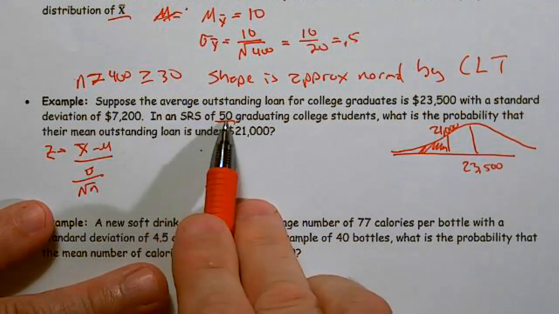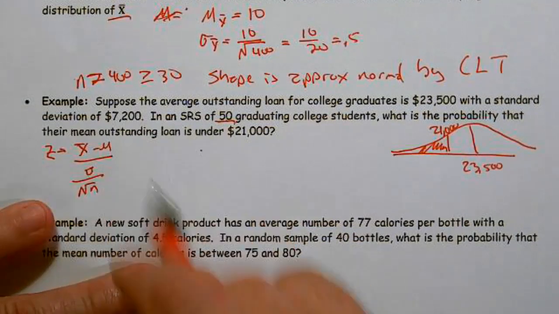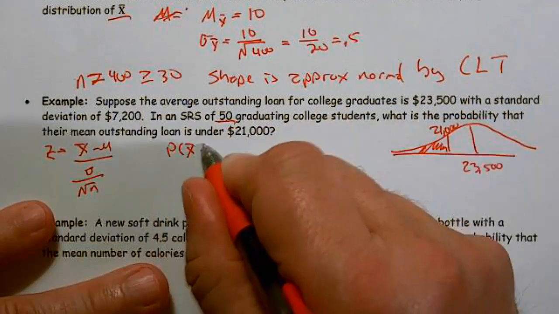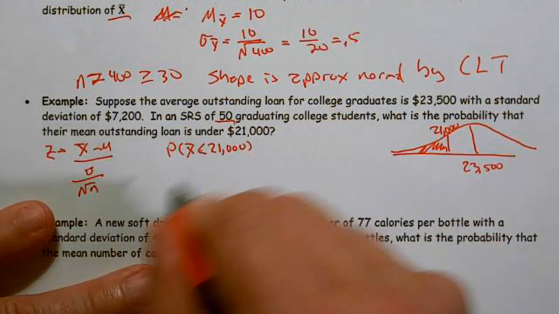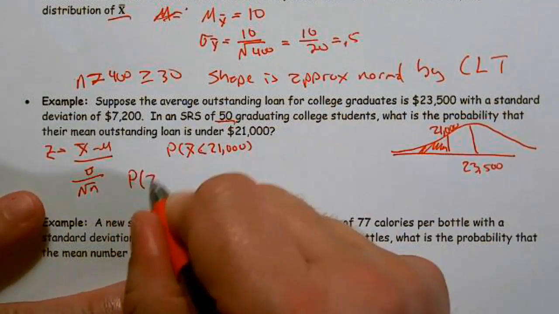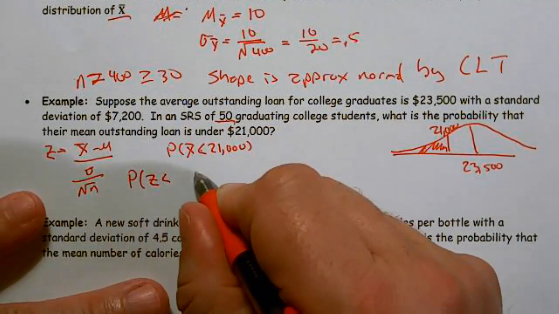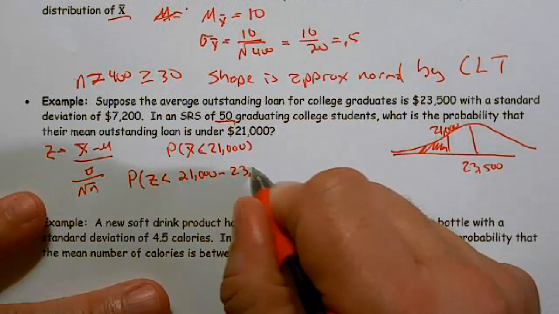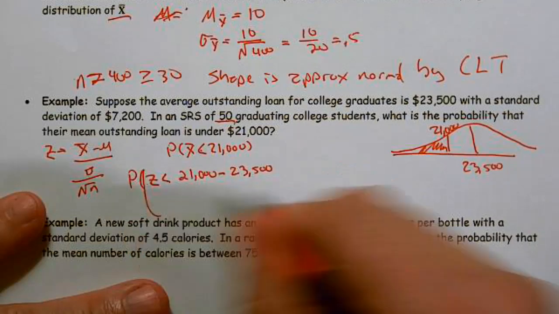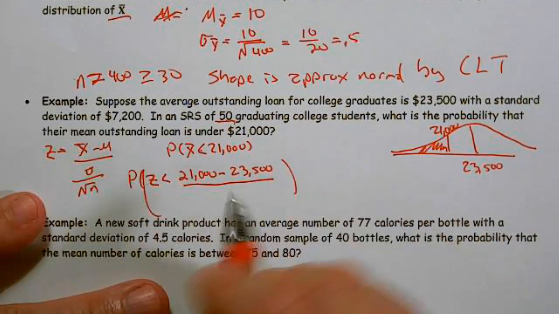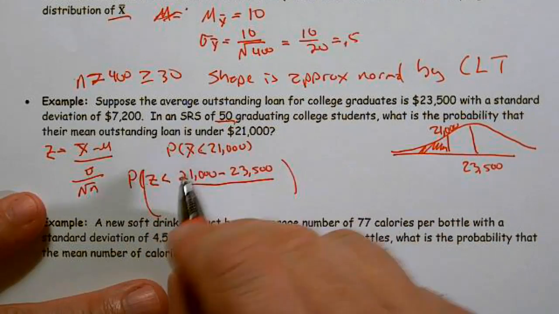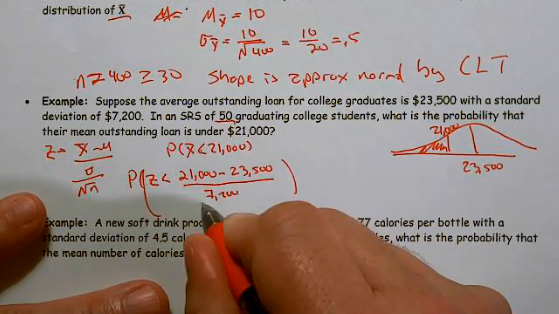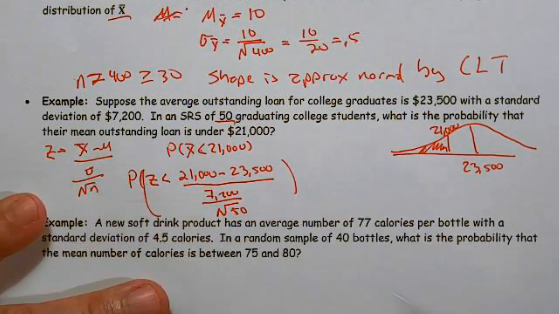Because I have a sample size 50. If it's a sample of 1, I couldn't do this. And I want the probability that x bar is less than 21,000, which is going to be the probability that z is less than 21,000 minus 23,500 over, where's my standard deviation? 7,200 divided by the square root of 50.